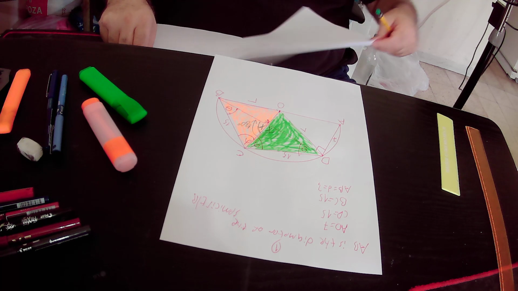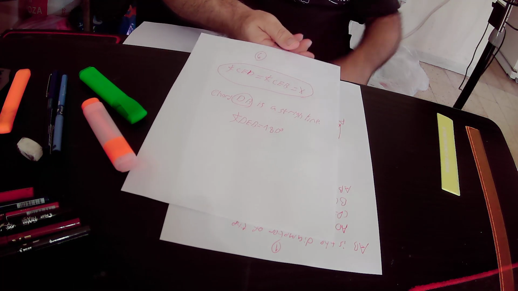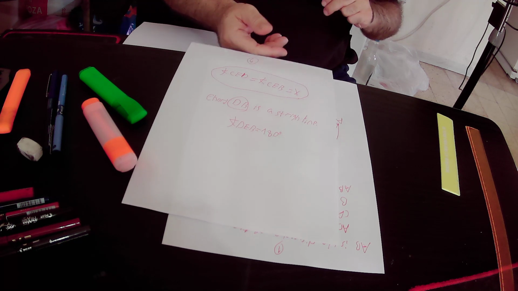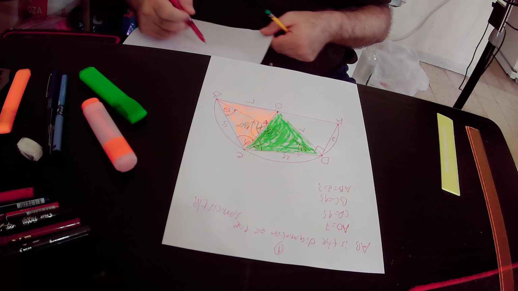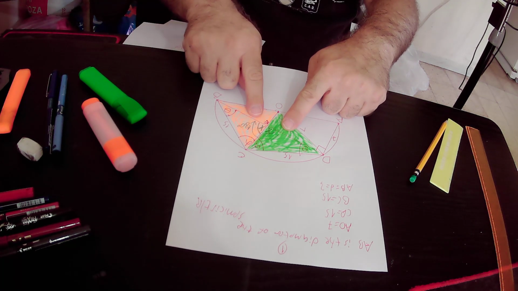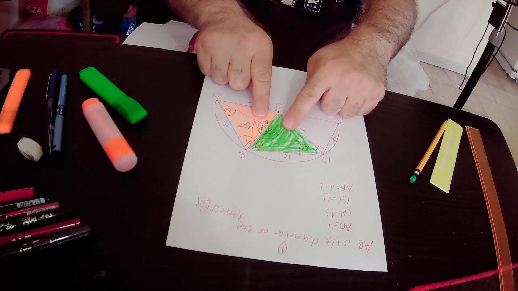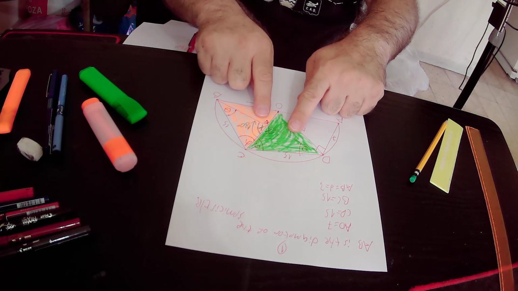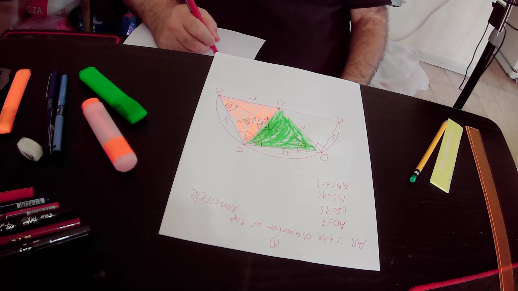But from the other side, what is the size of angle DEB? The size of angle DEB is x degrees plus x degrees. That is to say, the size of angle DEB equals 2x.